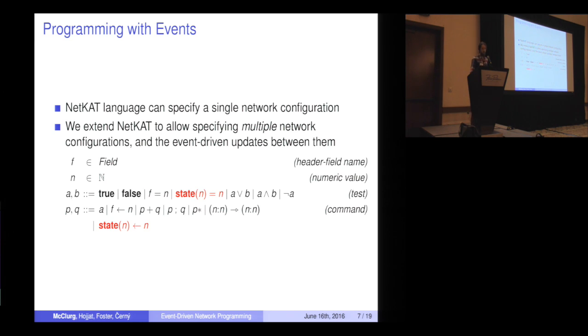So here's what the syntax of our language looks like. For those of you who are familiar with netcat, it should look pretty similar. The main difference is that we have this global variable called state that we can test and make assignments to on the last line.